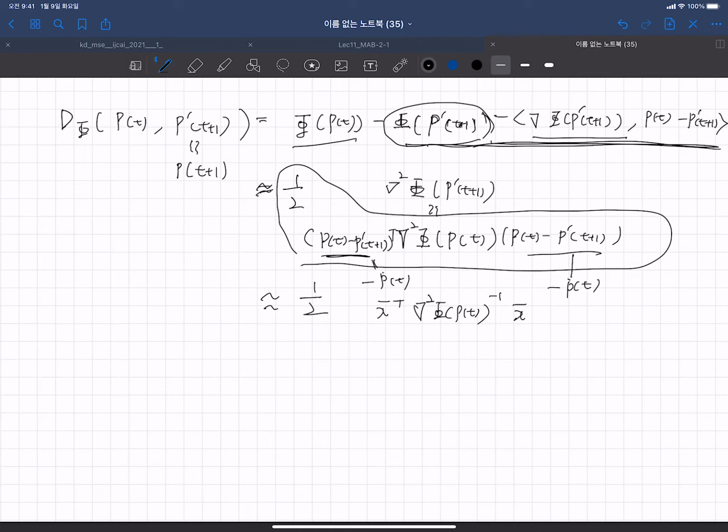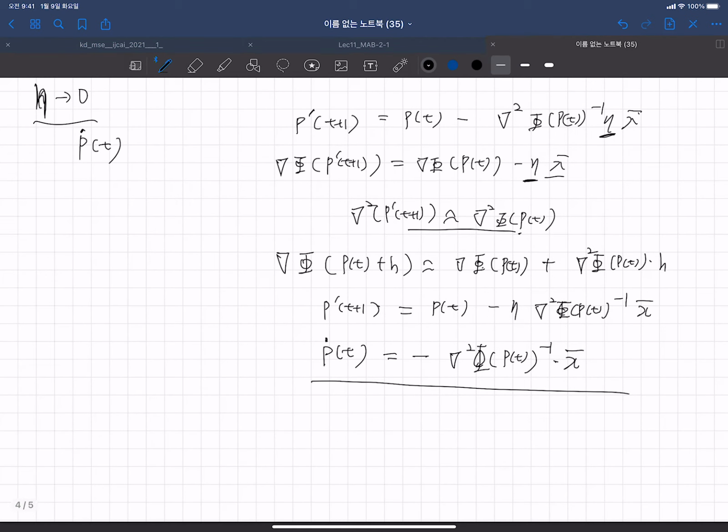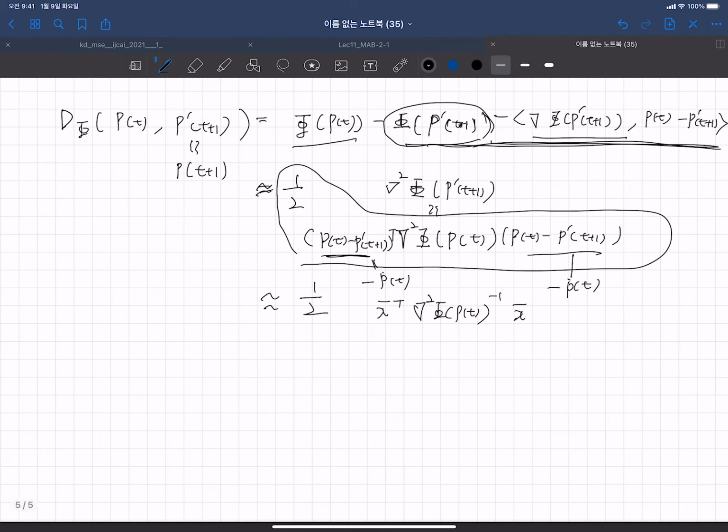Okay, previously, in the previous page, p dot t, the infinitesimal update of the p vector, was controlled by the inverse of the Hessian of pi, and accordingly the Bregman divergence of the difference between pt and p prime t plus 1 is also controlled by the inverse of the Hessian.